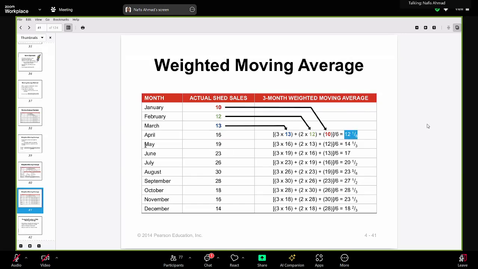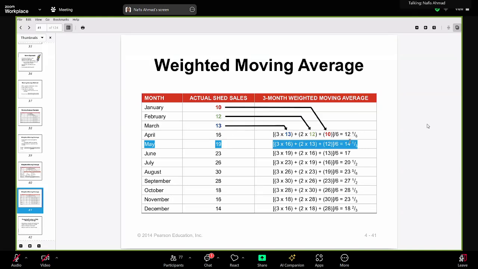So when we forecast demand for the month of May, we are ignoring the forecast we made for the month of April. And we see there is some gap between the actual and forecasted figure.